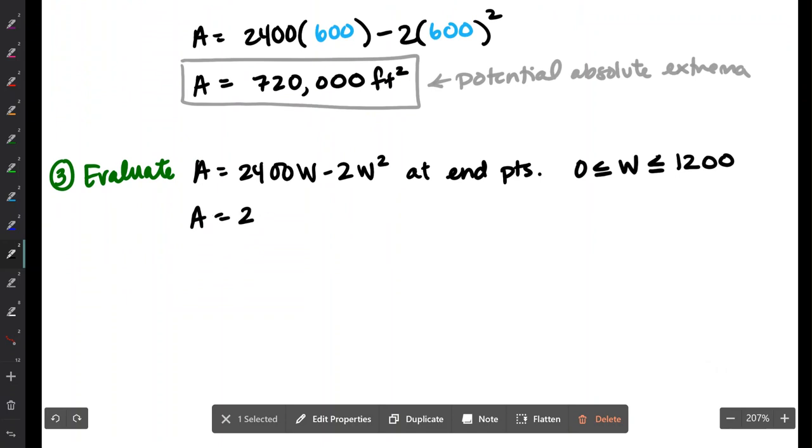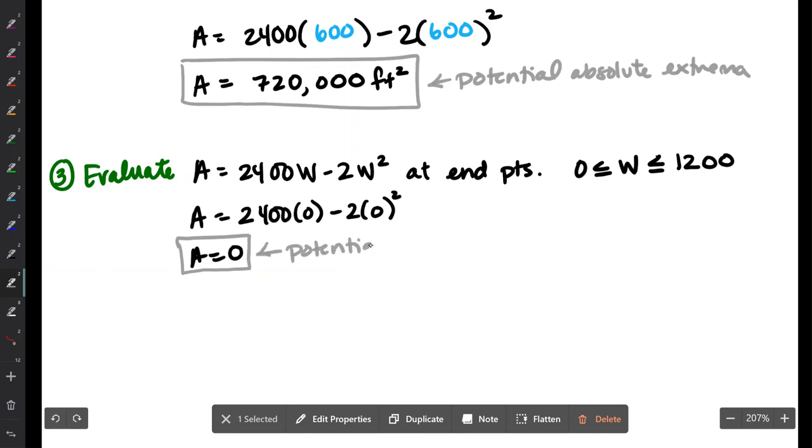When you put in 0, you get 0 minus 0, we get 0. Potential absolute extrema. And also when we put in 1,200, we happen to get a 0 as well.